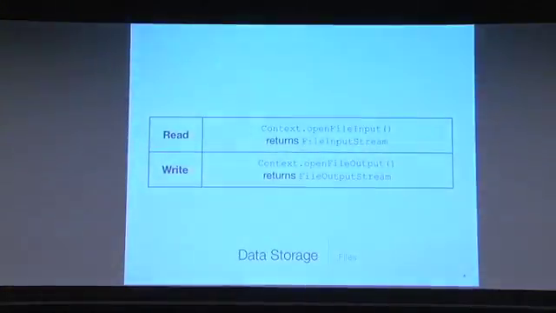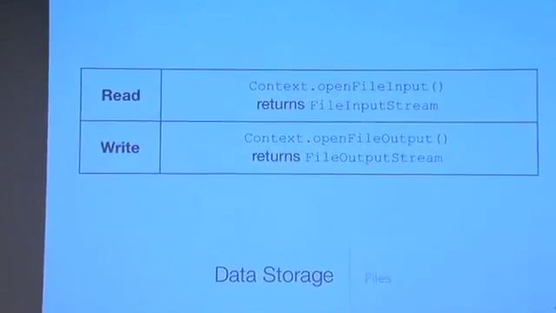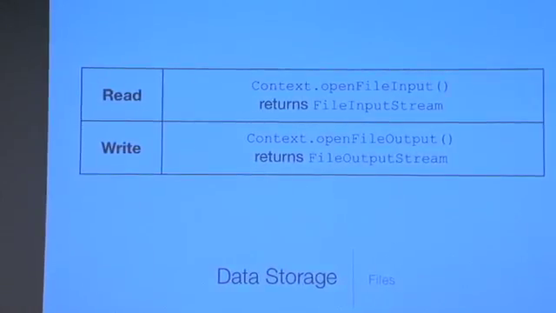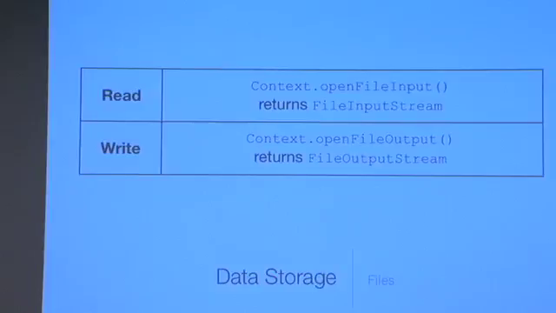Now, if you want to read and write files, you can use a couple of different methods. There are no source code examples here, but there's a variety of examples found online, of course, on the developer site of Android.com. If you want to read and write arbitrary files, then most likely the methods you should look into are context.openFileInput and openFileOutput.